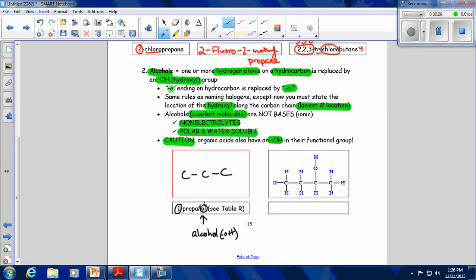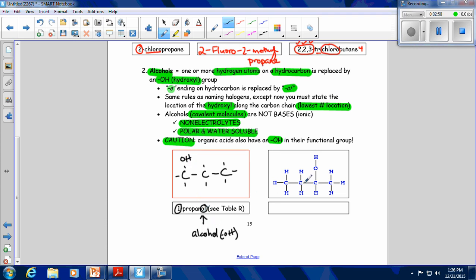Since we're dealing with prop, we know we're going to have 3 carbons. It doesn't matter where we put the alcohol group, whether it's on this carbon here or this carbon here, it's still going to represent the first carbon. And simply, like the name says, 1-propanol. The OL, once again, represents that we're dealing with an alcohol.